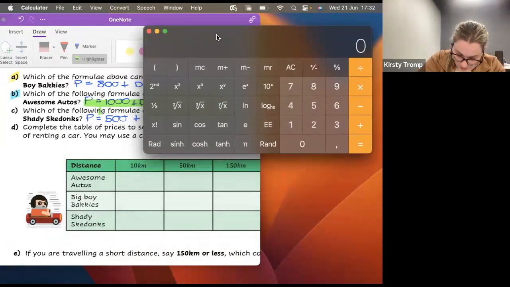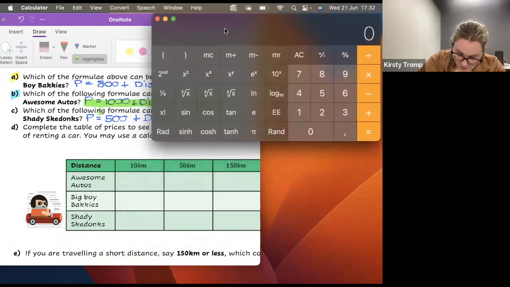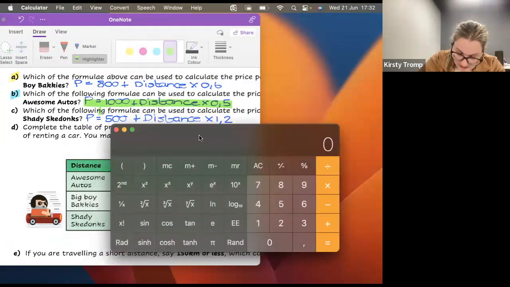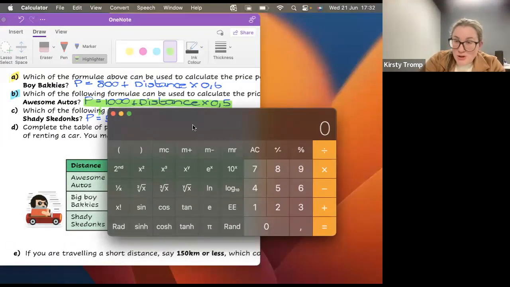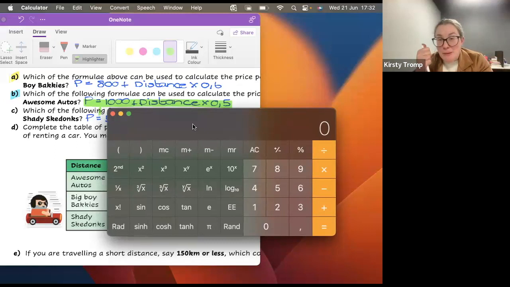I'm going to do my multiplication first because of BODMAS. I must do my brackets first, then of, then divide. There's no divide in my sum. Then I must do multiply. So the first thing I'm going to do is multiply.